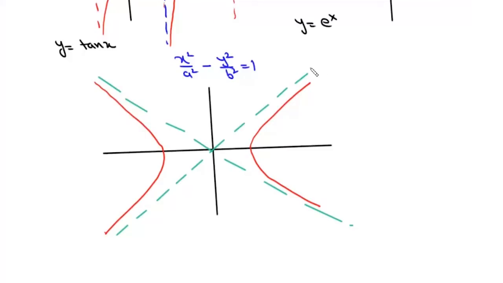Now in this case, this line, which is y equals b upon a x, and this other line, which is y equals minus b upon a x, both these lines are getting closer to the curve, but they'll intersect the curve at plus and minus infinite. In this case, these two are asymptotes. So essentially, asymptote is that line which gets closer to the curve and it appears to meet the curve when one or both of x or y coordinates tend to infinity.